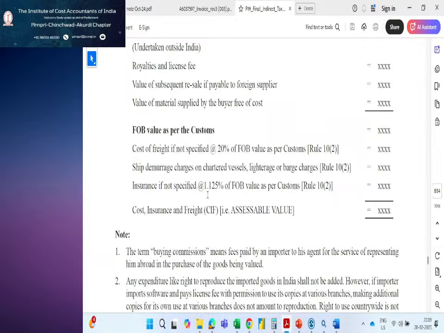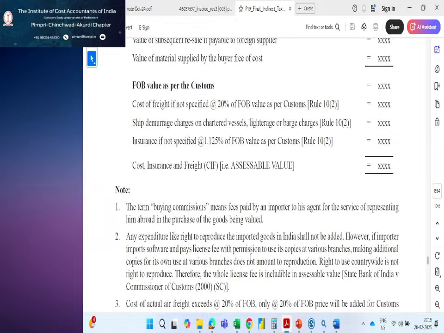So instead of going and clearing the material directly, I am sending an agent. So he is called a buying agent. Buying commission means fees paid by an importer to his agent for the service of representing him abroad in the purchase of goods being valued.